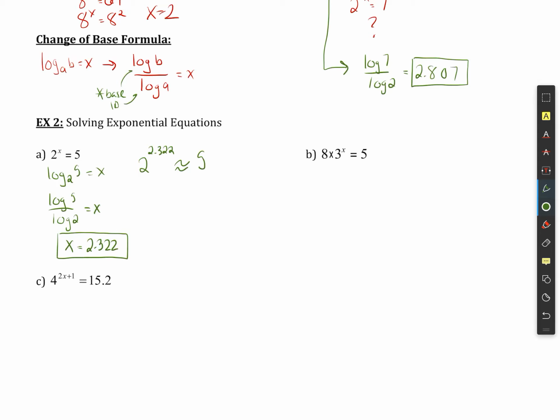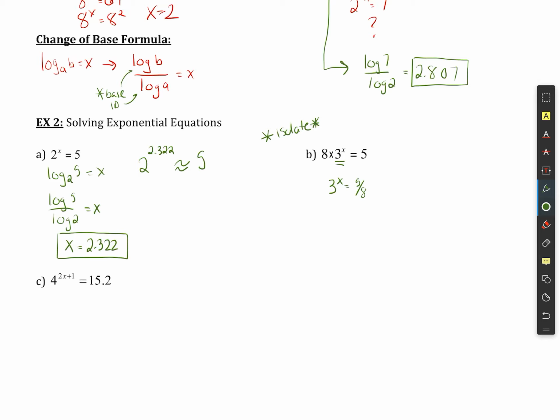All right, part B. Key thing: we must isolate our piece with the exponent. So we've got to isolate that 3 to the x. How do we isolate? Divide by 8. 3 to the x equals 5 over 8. All right, now we've got our method.